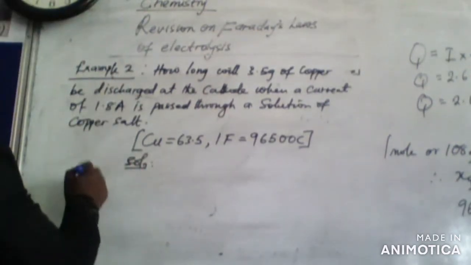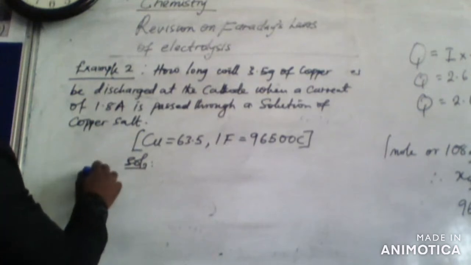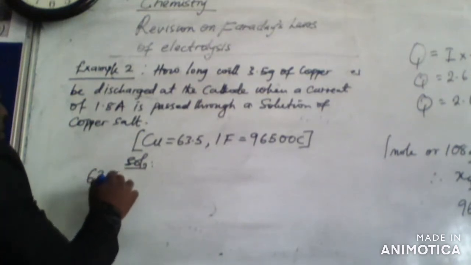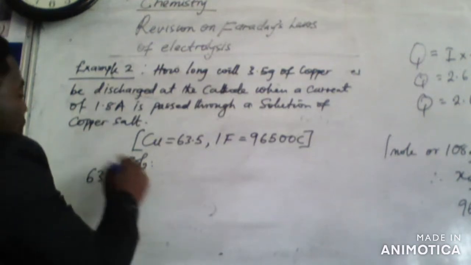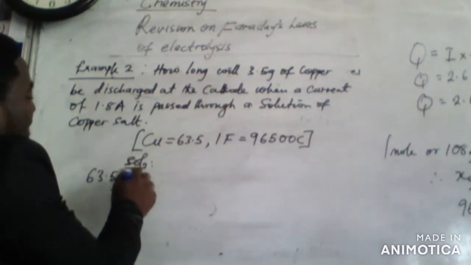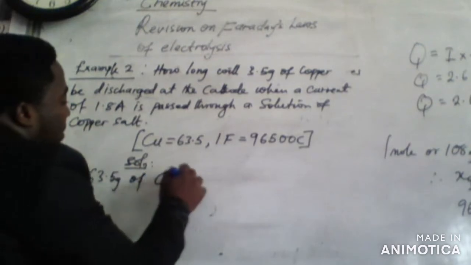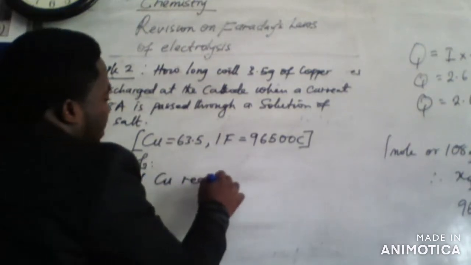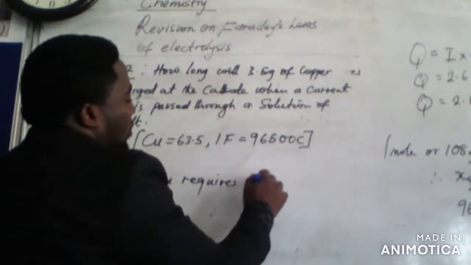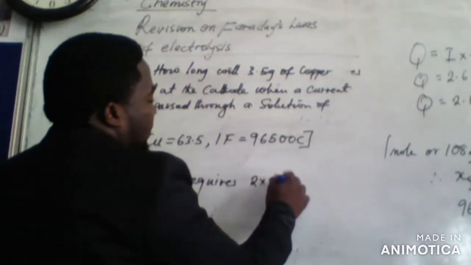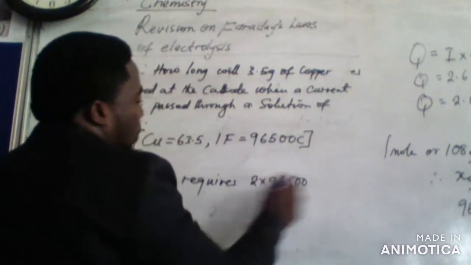Remember that 1 mole of copper weighs 63.5 grams and it requires 2 Faradays of electricity. So 63.5 grams of copper requires 2 times 96500 coulombs.